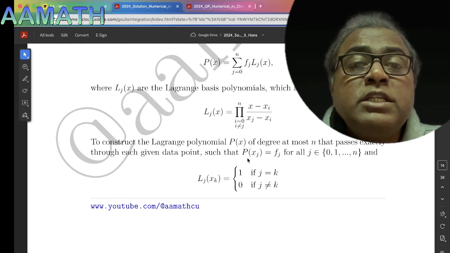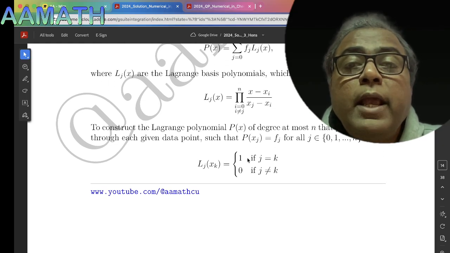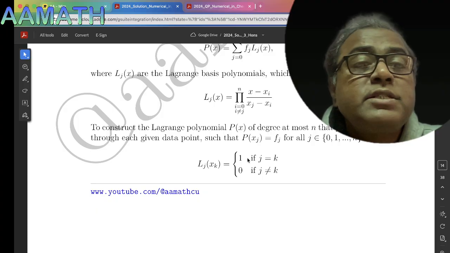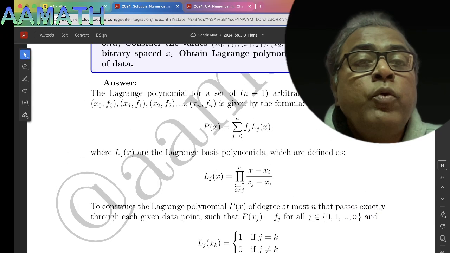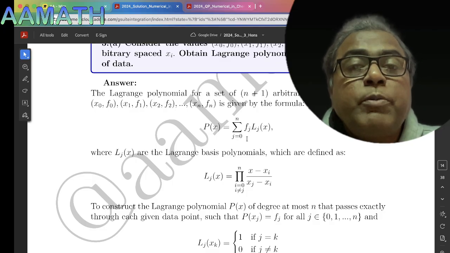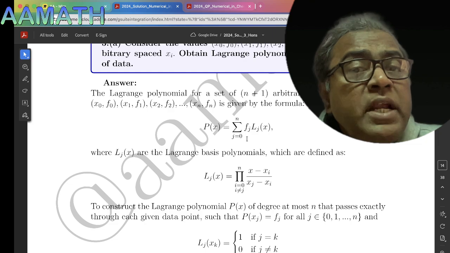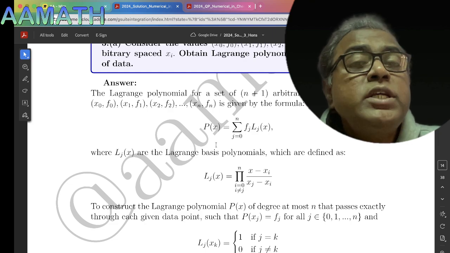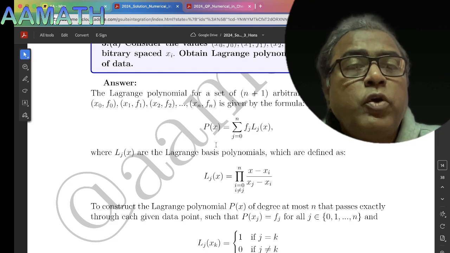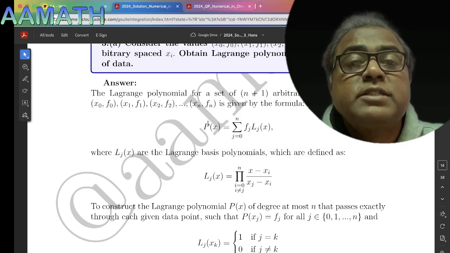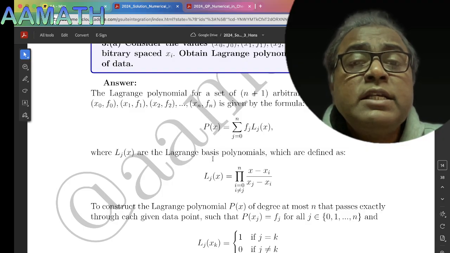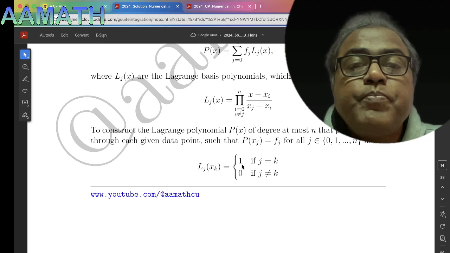To construct the Lagrange polynomial Px of degree at most n that passes exactly through each given data point. Here the data points are x0, f0, x1, f1, x2, f2, and so on. So we want to fit a polynomial. Actually here we don't know the exact polynomial. We want to approximate the polynomial, this Lagrange's polynomial Px. Lj is the Lagrange's basis polynomial.